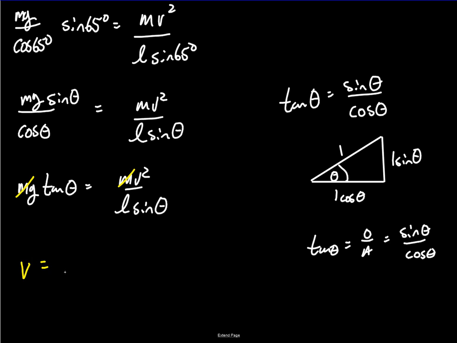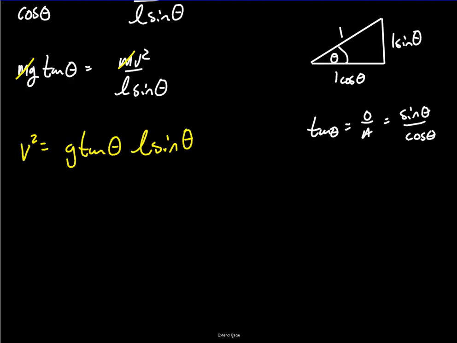So it should be g tan theta multiplied by L sine theta, and that's equal to v squared. Does tan theta times sine theta give us anything useful that we know of? No, there's no trig identity like that. It doesn't really matter because it's solvable now anyway because we have the angle. I was just wondering if there's a shorter way to do it.